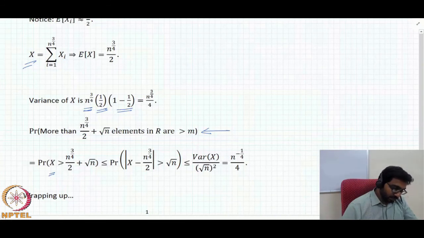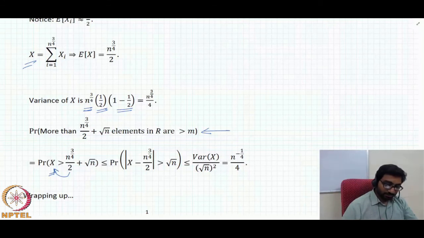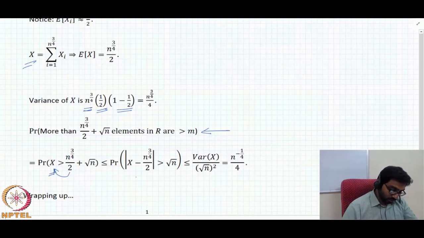Let's do a little rearrangement. We bring this term over to this side, and with an interest in applying Chebyshev's inequality, we take the absolute value. We are slightly overcounting here: the probability that the absolute value of the difference between X and n to the 3/4 divided by 2 is greater than square root of n.